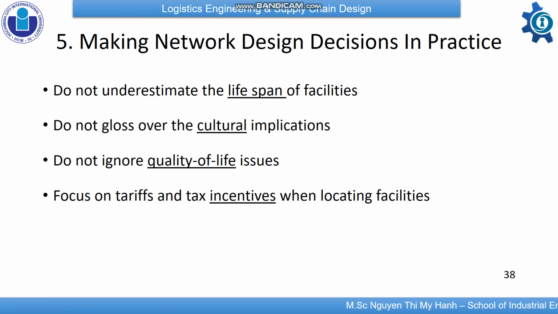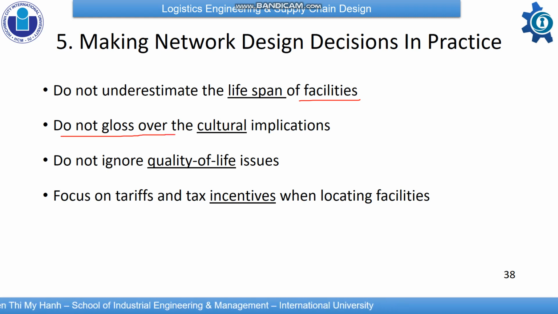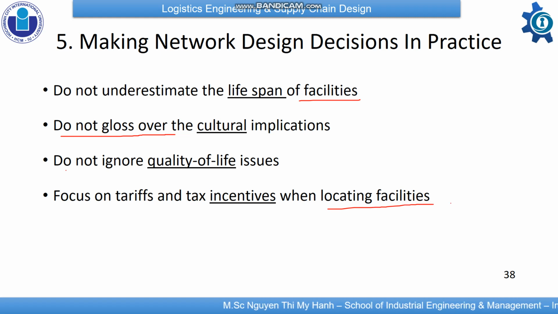So first, do not underestimate the lifespan of a facility. The second one, do not gloss over the cultural implications. The third one, do not ignore the quality of life issues. And the last one is focus on tariff and tax incentives when locating the facility.